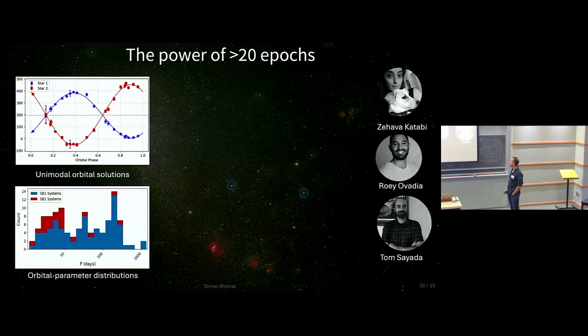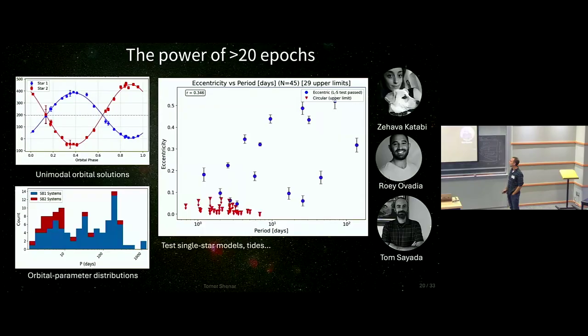Maybe just a bit related to this question, I haven't talked about this, but we have this eccentricity versus period diagram. One thing that is interesting to note is that, while these red arrows are upper limits, we see that the majority of stars up to a certain period are circularized. There are some, for example this system and this system, that are short period and eccentric.